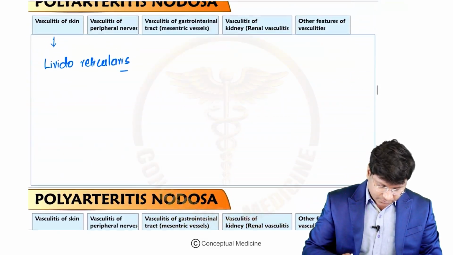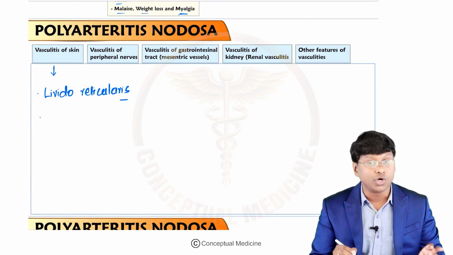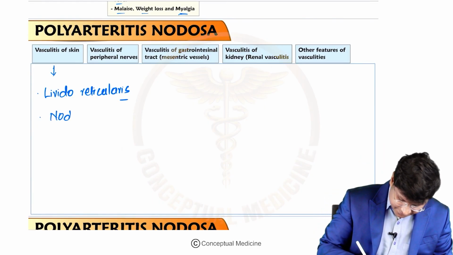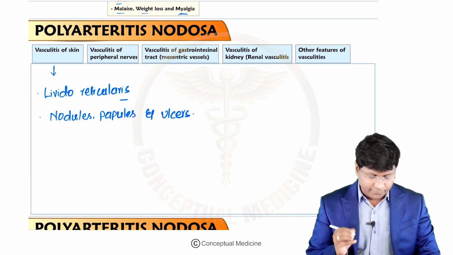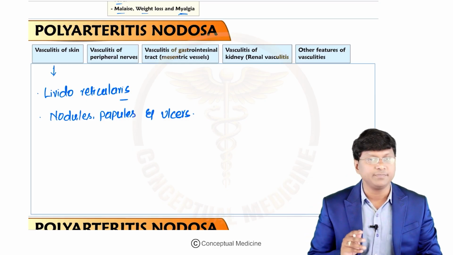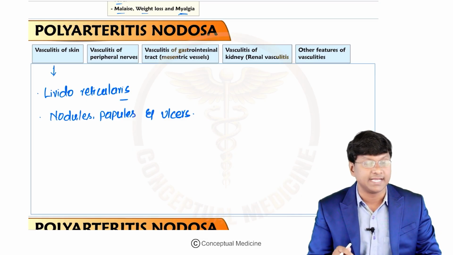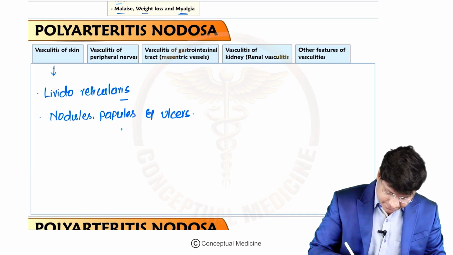Then followed by this livedo reticularis, the next important thing is nodules, papules and ulcers. That is another form of the skin involvement in polyarteritis nodosa. Even these nodules, papules and ulcers frequently involve the lower extremities.